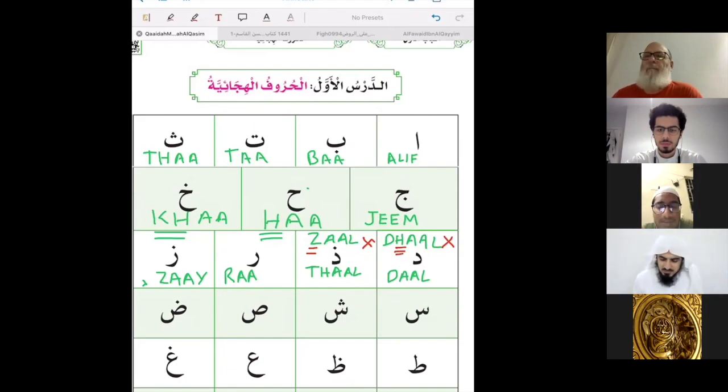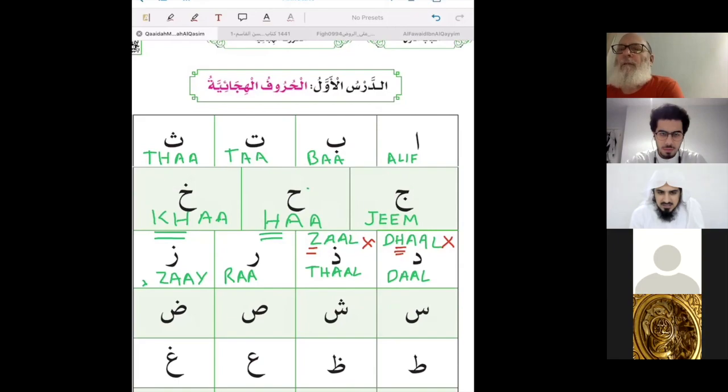Okay. Let's read from the beginning. Right? I'll start and then you guys can all read, inshallah. Alif, Ba, Ta, Tha, Jim, Ha, Kha, Dal, Dhal, Ra, Zai.